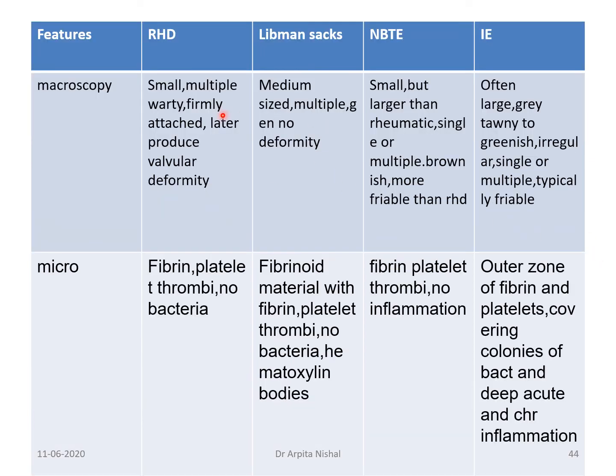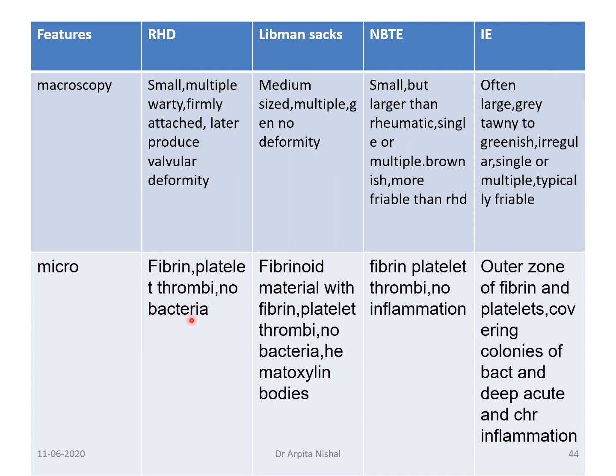Macroscopically, we've already seen in the picture small multiple warty firmly attached vegetations. In Libman-Sacks, they are medium-sized multiple. In non-bacterial, they are small but larger than rheumatic and more friable than rheumatic vegetation. And in infective, they are large, gray. We've already seen this vegetation.